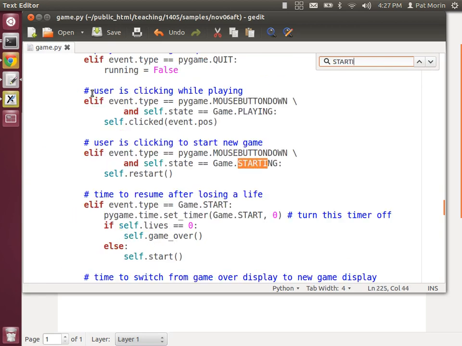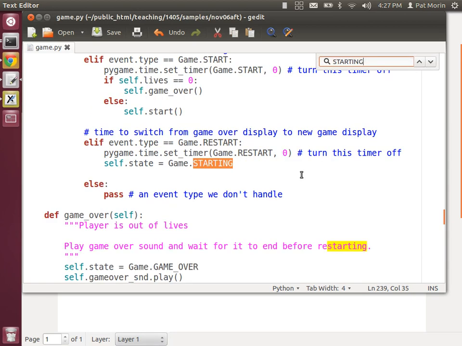And if we look at the different places that game.starting shows up in the code, we see that at some point when we're handling events, if there's a mouse button down and the state is game.starting, then we call a function called self.restart. So that's why when we click at that point, the game restarts. So we start a whole new game.